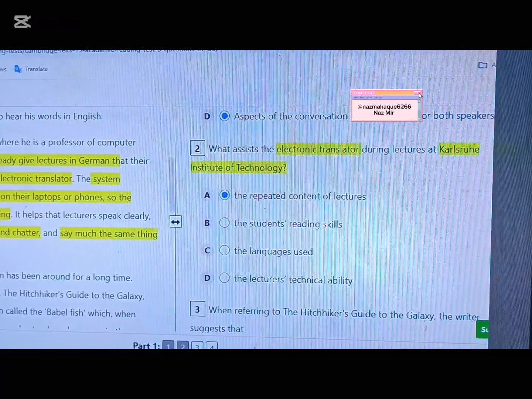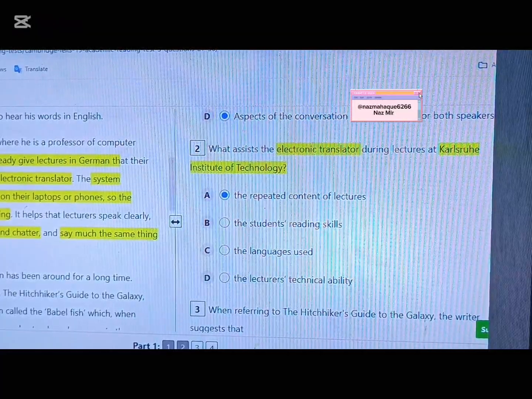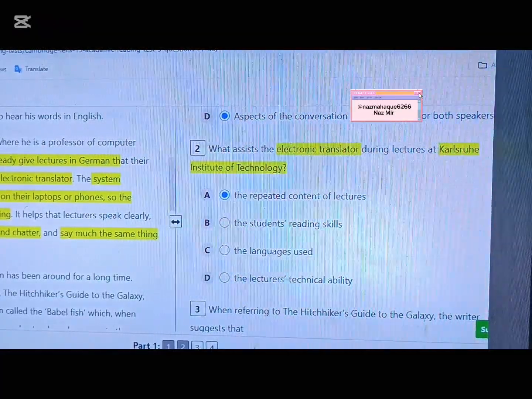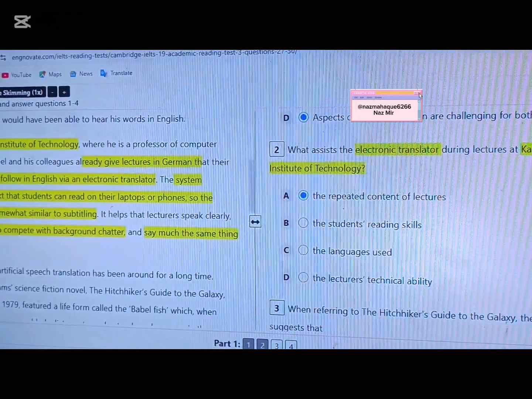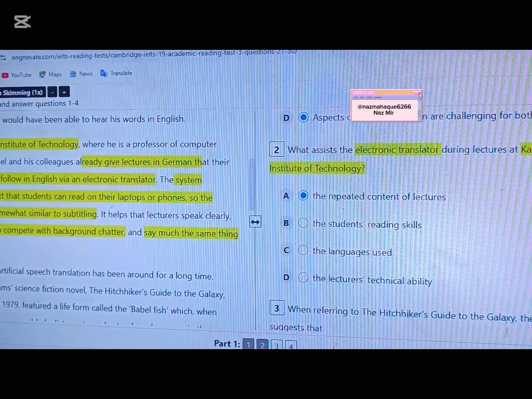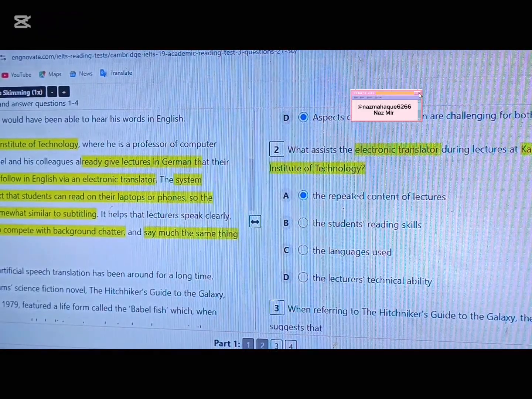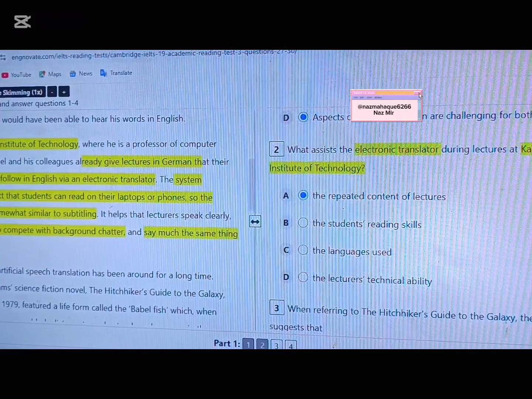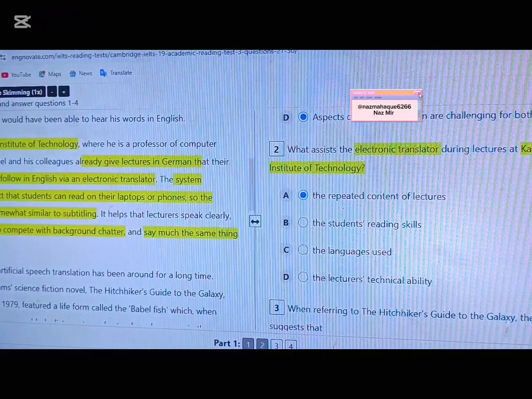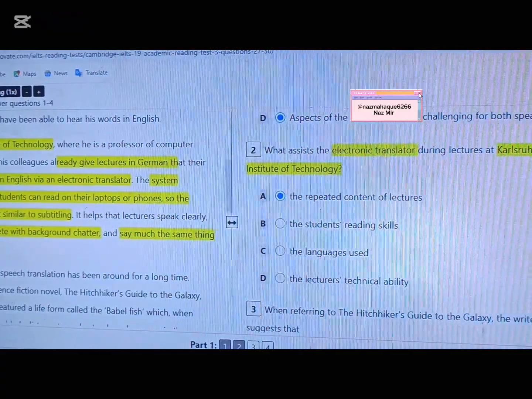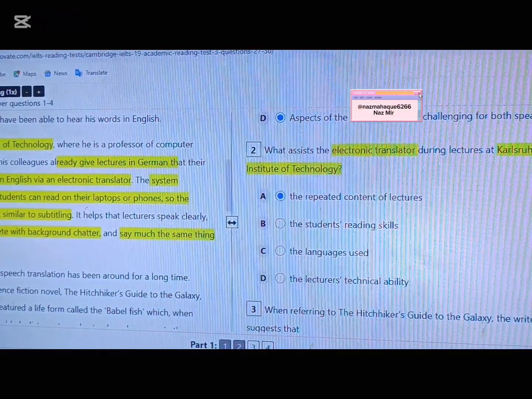Okay, and the third option is the languages used. As you can see in the main passage, it has been said that the lecturers are providing their lecture in German, and the students are reading it in English. So both of the languages are different.